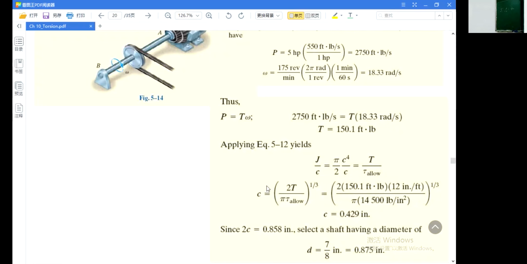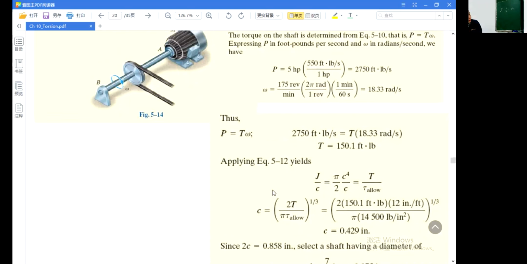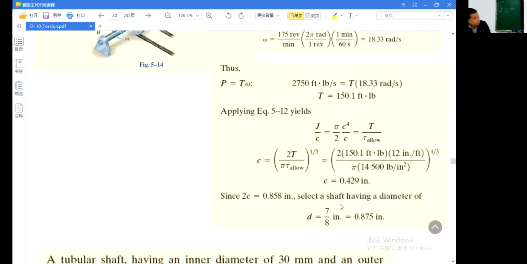If the factory just makes one shaft for you, then it's expensive. So he makes a lot of shafts. When we use a shaft, 7/8 inch is 0.875 inch.